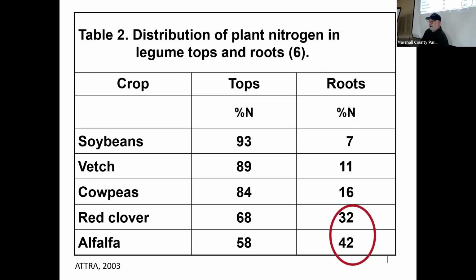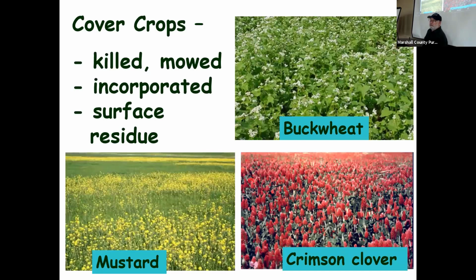Looking at clovers, we can have as much as 32% of the plant nitrogen located in the root system. Alfalfa is expensive to grow as a cover crop. That's why I'm not really talking about alfalfa, but there's nothing wrong with it.